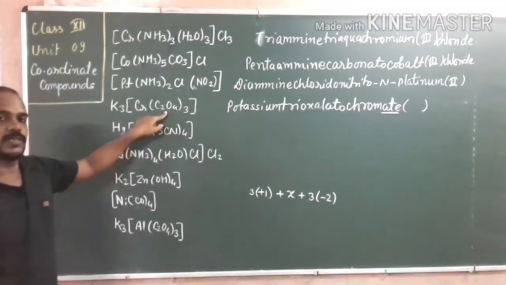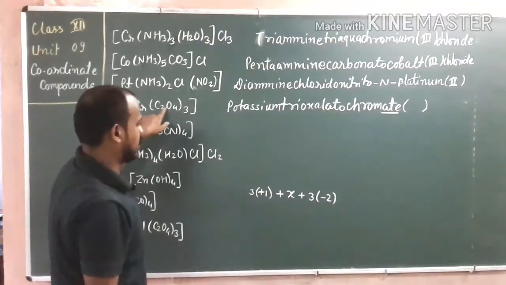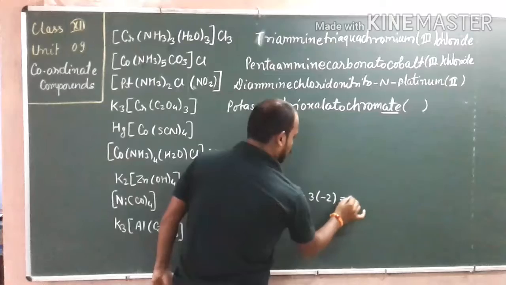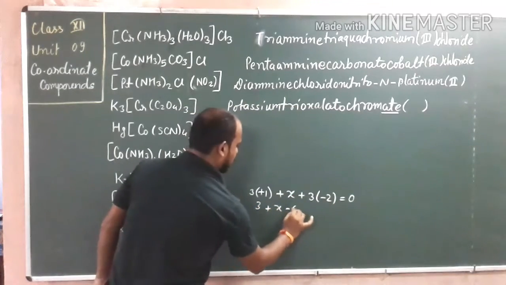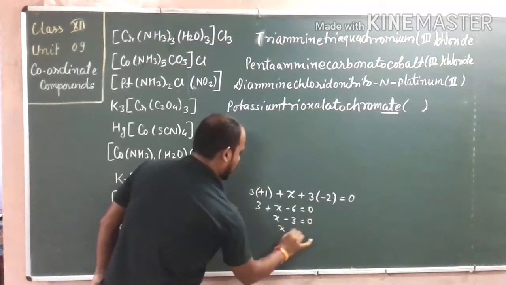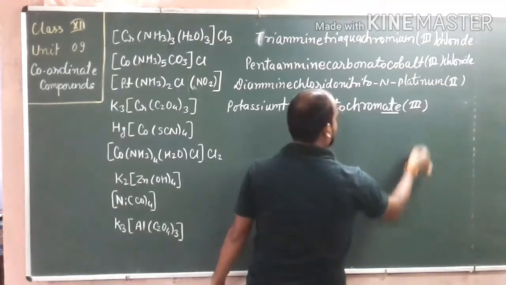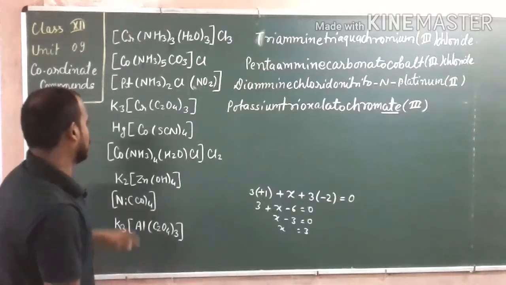Go to that list of ligands from the previous section. So the overall charge is equal to 0. Now if you solve it, 3 plus X minus 6 equal to 0, X minus 3 equal to 0, X is equal to 3. So the oxidation number is 3.